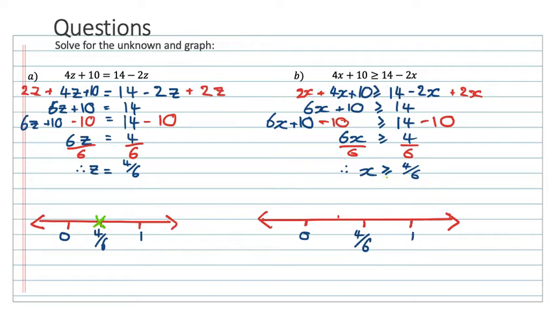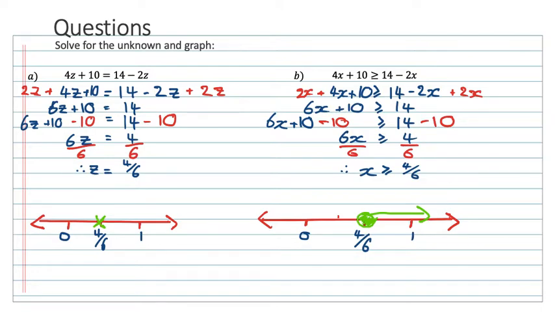Graphing x is greater than or equal to 4 over 6, I'm going to draw my circle, shade it, because it's greater than or equal to, it touches this point, and then draw the arrow to the right. So thus we have solved this equation and this inequality, and we have graphed both of them. Not too bad.